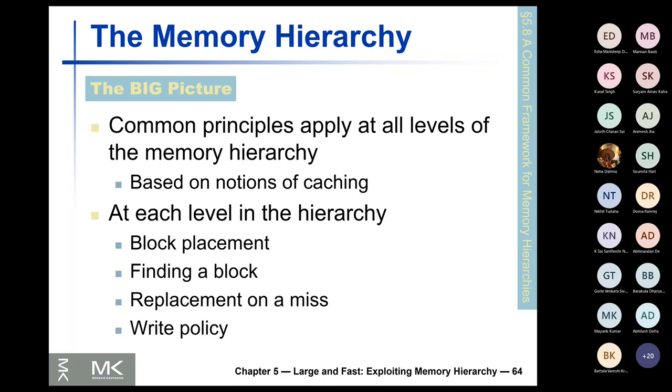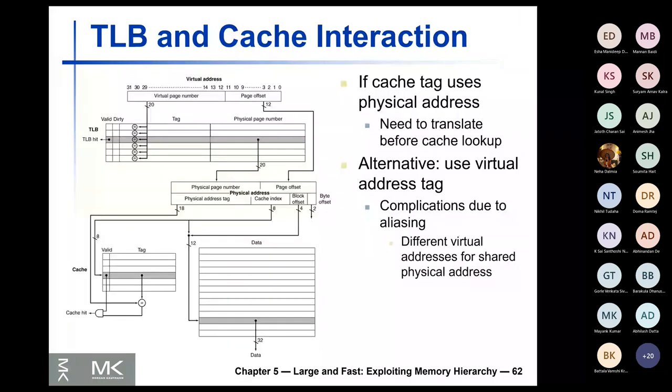Which means that now if you have a fast cache inside the CPU, a translation lookaside buffer or TLB, it can sit before the caching mechanism and perform the translation, and the cache can itself take the page table entry.